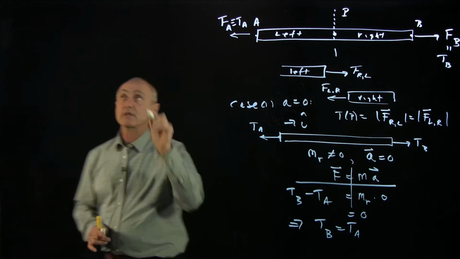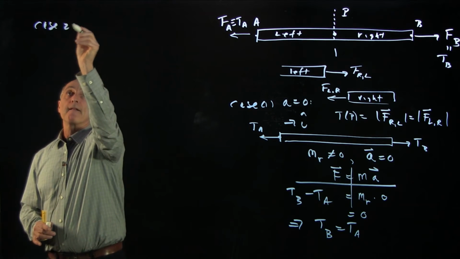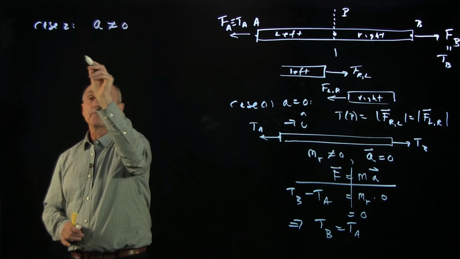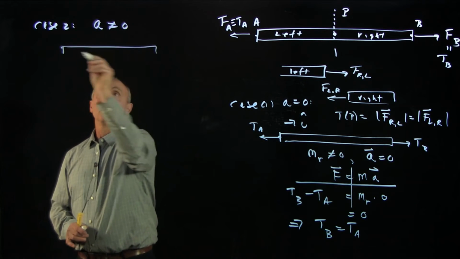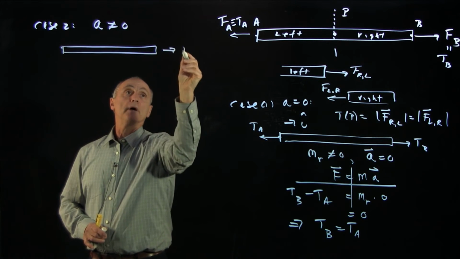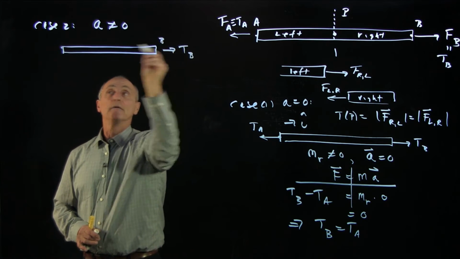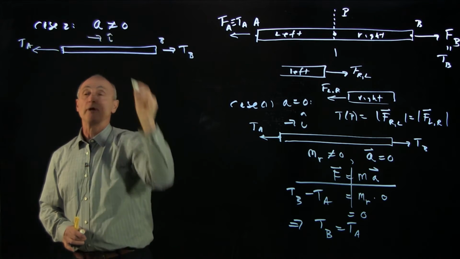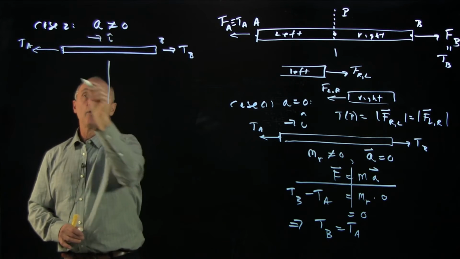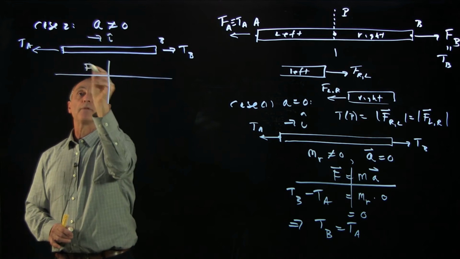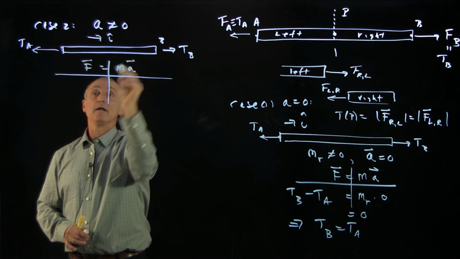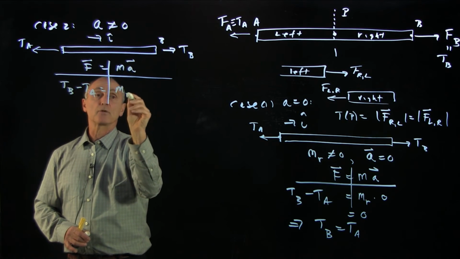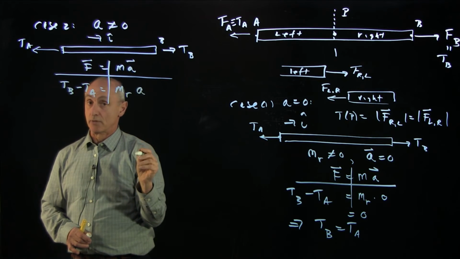Now let's suppose, case 2, that a is not 0. Here's the rope, this is point B, here's point A, and we'll choose a uniform direction for a. Now when we apply F equals ma, TB minus TA equals the mass of the rope times the acceleration of the rope.